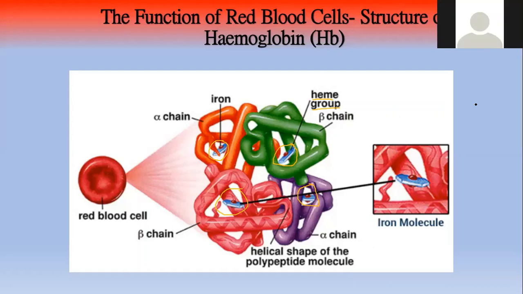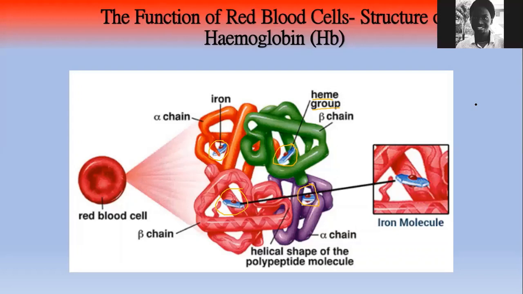Yes, Rashid? If the cell doesn't have a mitochondria, how does it get energy? Well, red blood cells do not have mitochondria, and because of that, remember, the red blood cells do not need energy to transport oxygen. As long as the blood is flowing, the red blood cells are moving along and the oxygen is being transported.